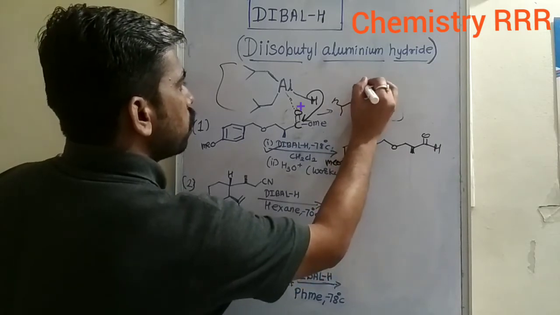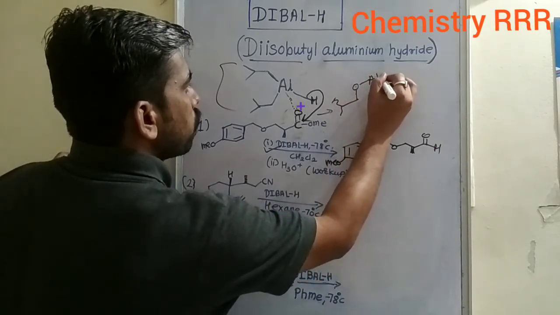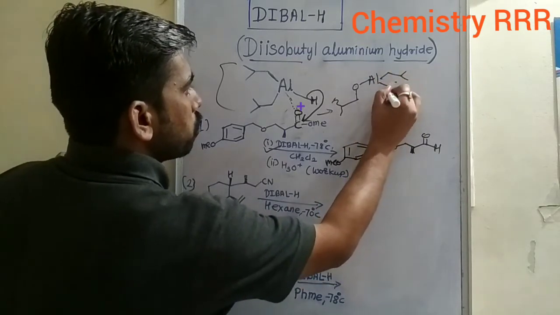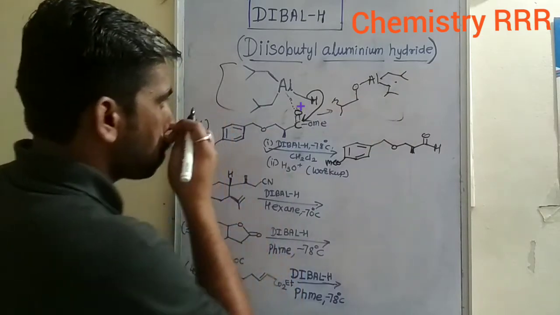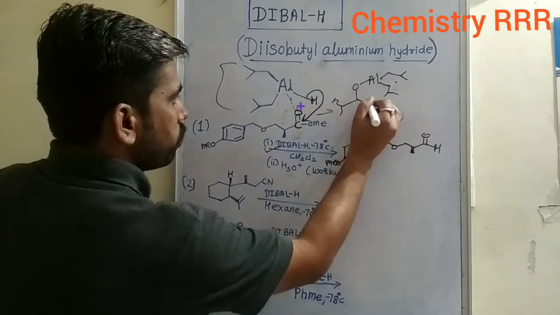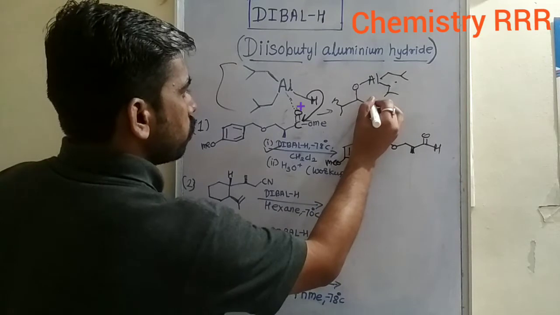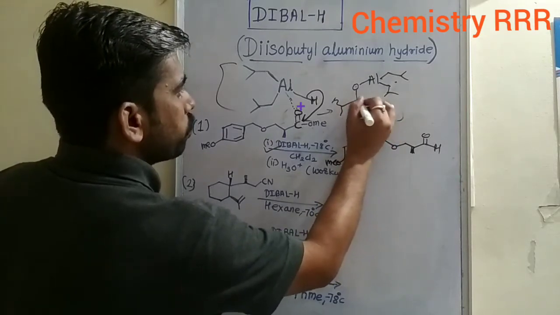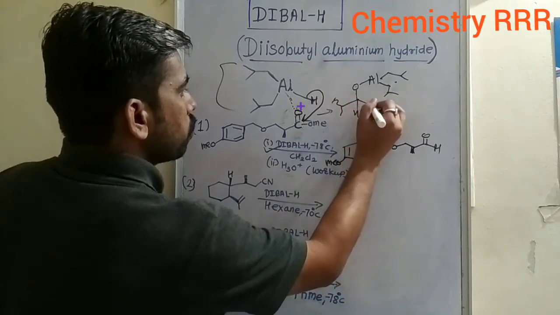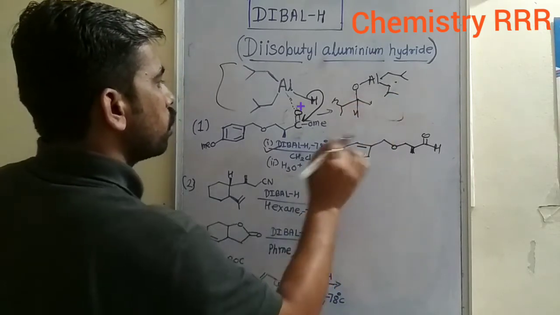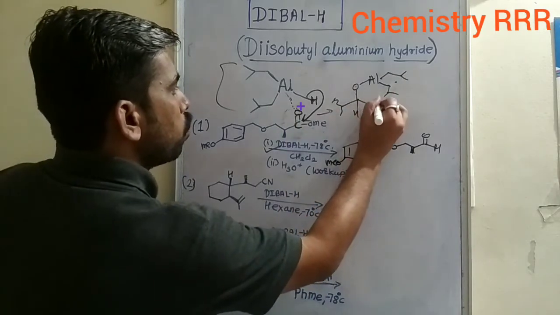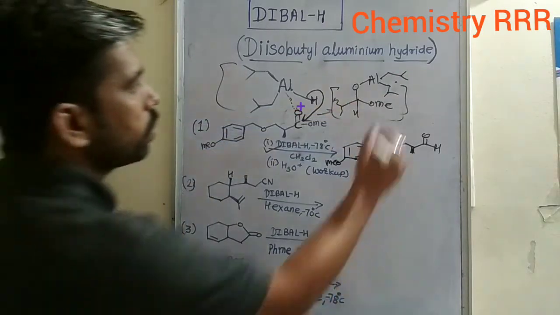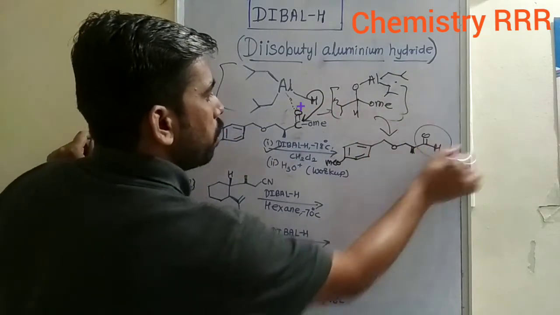Then we get hydride and OMe, this tetrahedral intermediate. After workup, it gives the corresponding aldehyde.